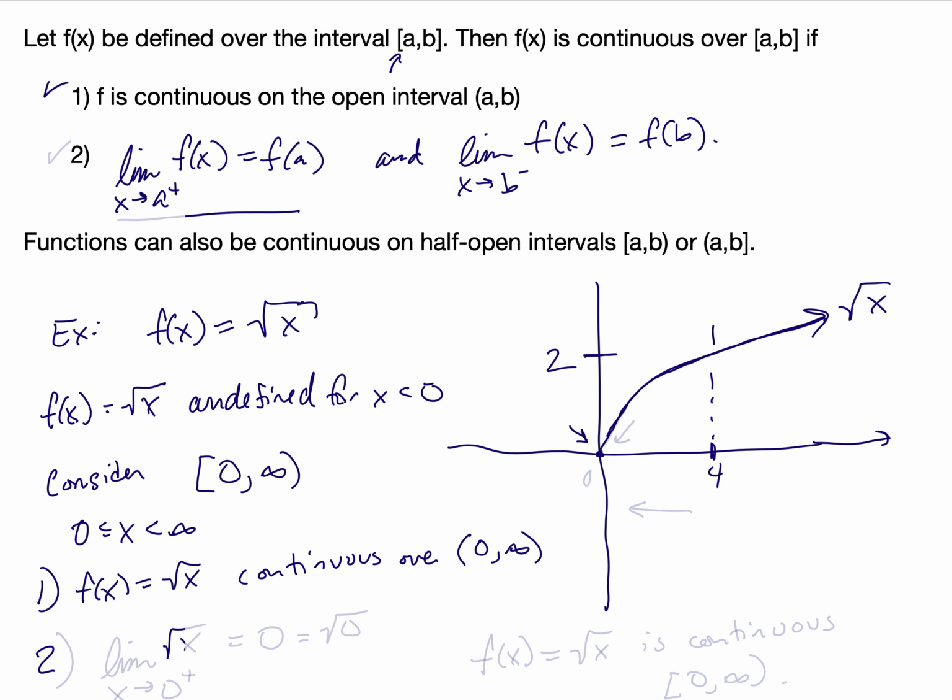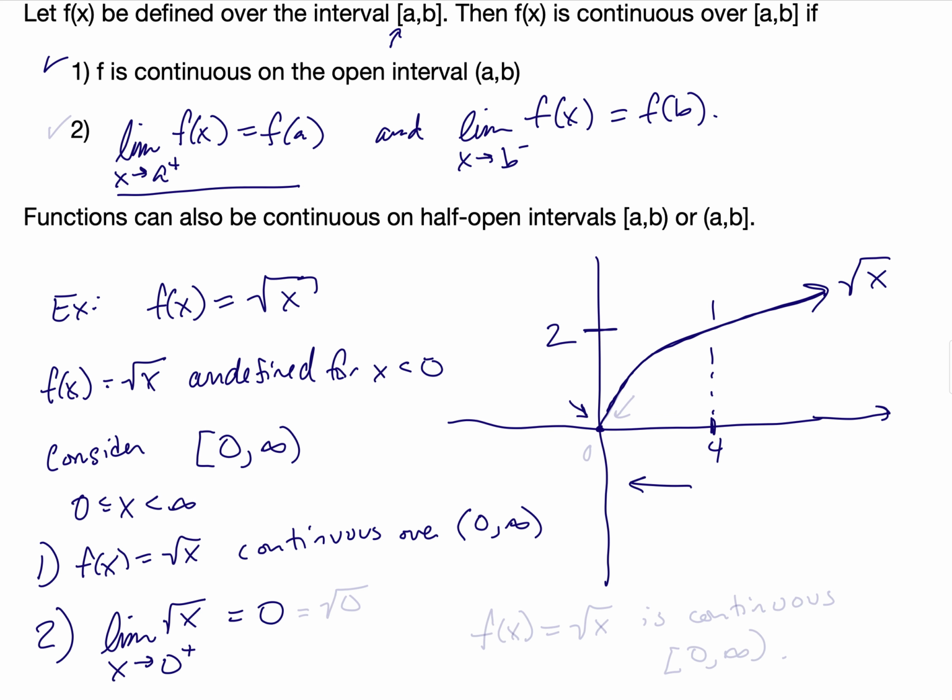So for part 2 of what we need to verify, we only need to verify this first half in this case, because we're only thinking about the first half of the closed interval, the left endpoint. And we see that the limit as x approaches 0 from the right-hand side of square root of x is equal to 0.